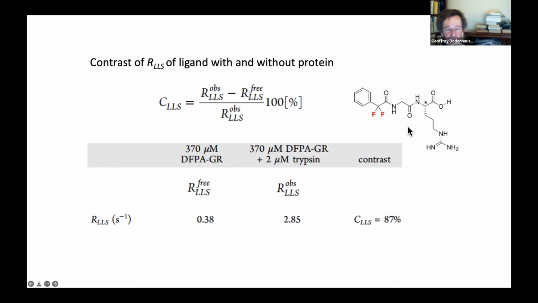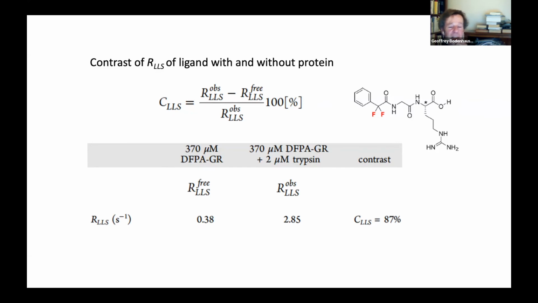Still the same molecule, the difluorinated molecule, if we do this experiment, we find that under these conditions the free rate is on the order of 0.4 per second, whereas in the presence of 2 micromolar trypsin, it jumps to almost 3 per second. So the contrast, according to this definition, is about 87%.